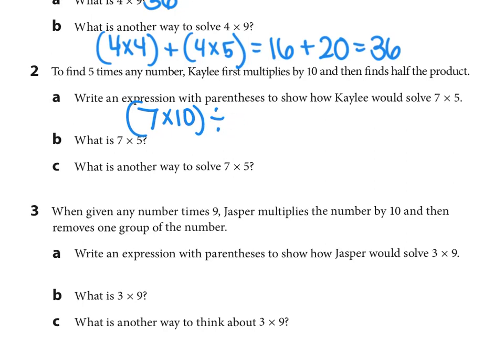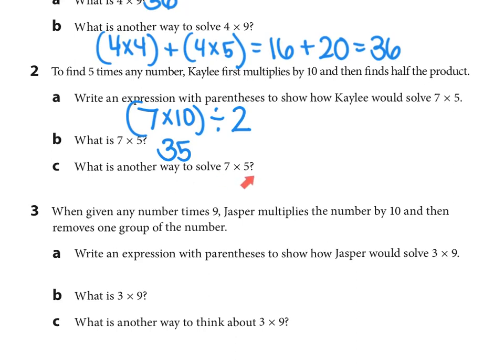So let's erase that. Sorry about that. That should be 2. 7 times 10 is 70, divided by 2 is 35. So what is 7 times 5? It's 35.